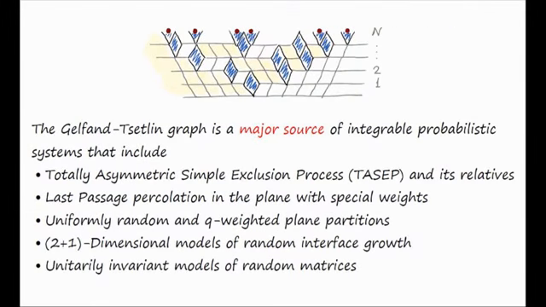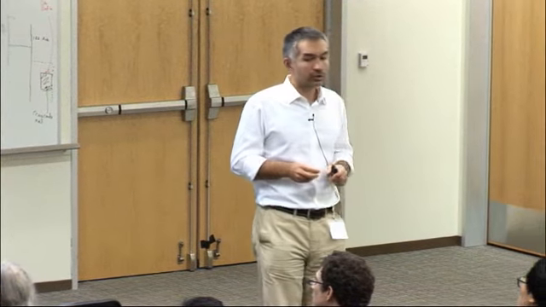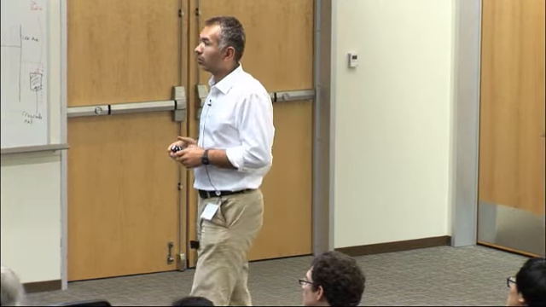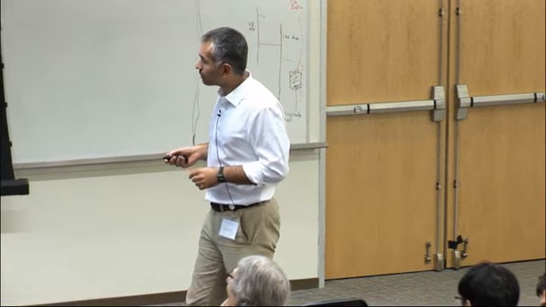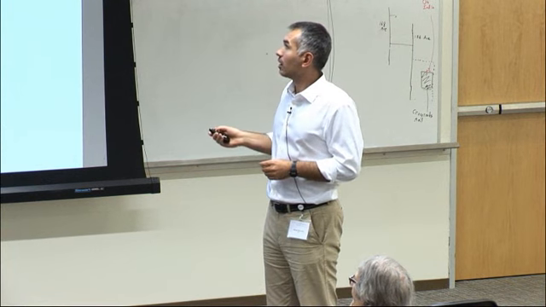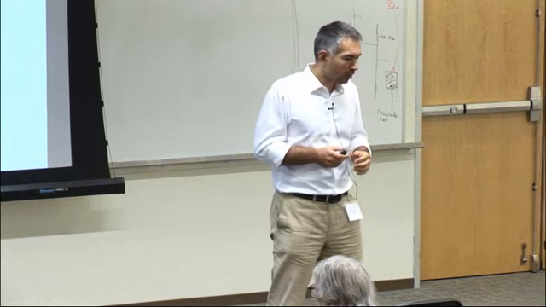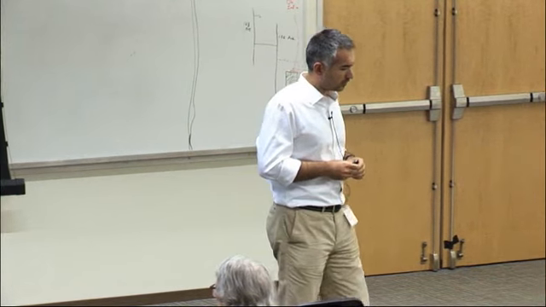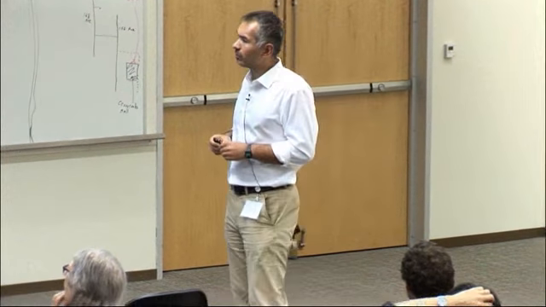So this Gelfand-Tsetlin graph, the reason I brought it up is that it is really a major source of integrable probabilistic models. The exclusion processes, the totally asymmetric exclusion processes that I mentioned before, come up from this graph, actually from some sort of a dynamics on paths of this graph, not unlike the diffusions that we've heard about in the previous talk.